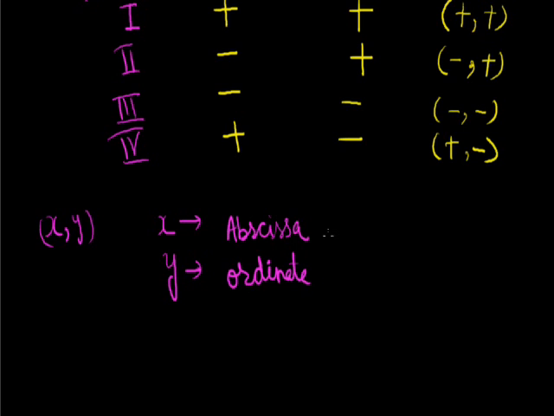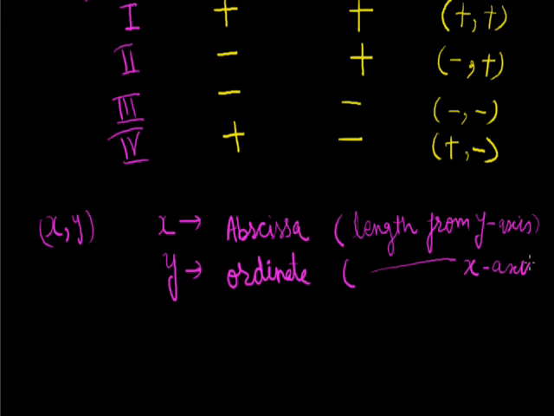We can see that the x coordinate is the length from the y-axis, and the ordinate is the length from the x-axis.